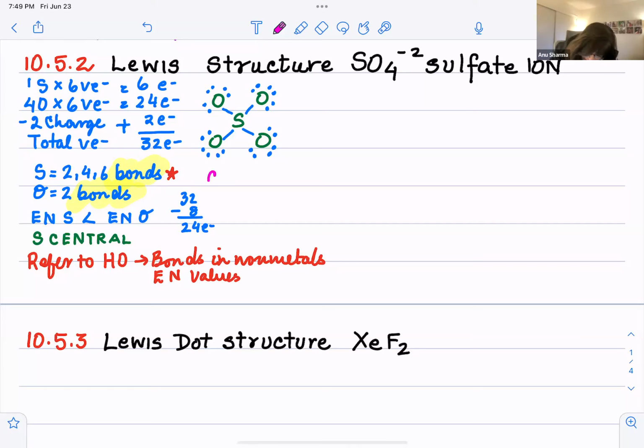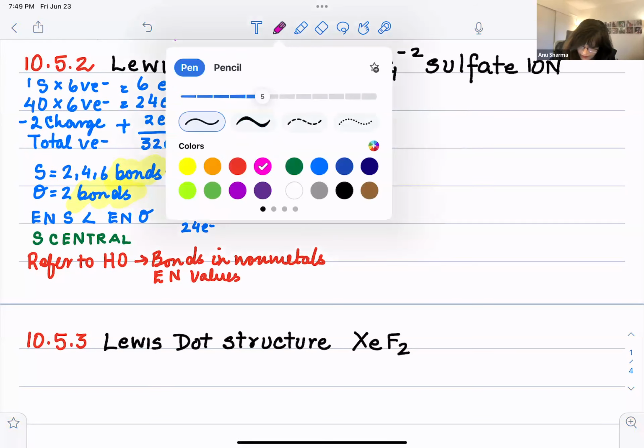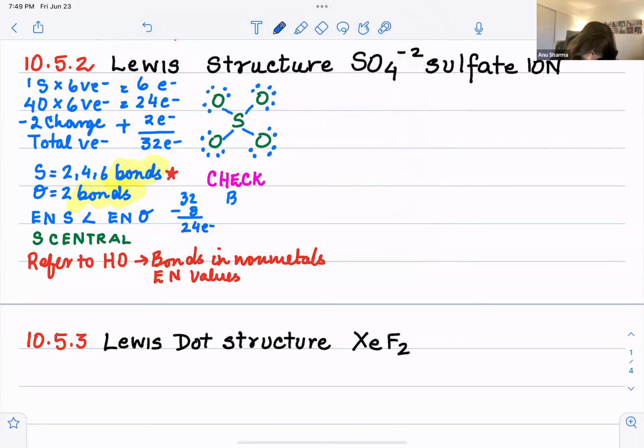So when you check, what do you see? You check for the bonding: is every atom making the bond? And the second thing is the octet. Remember, sulfur can defy the octet.